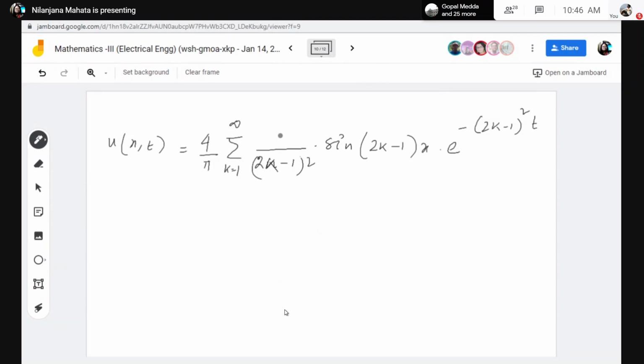The first term will be plus, so this will be minus 1 to the power n plus 1. So this is your solution.